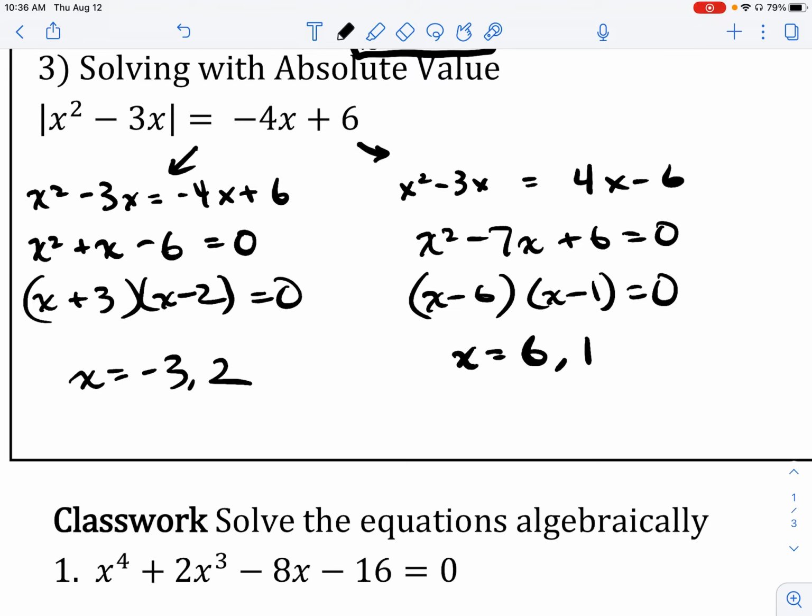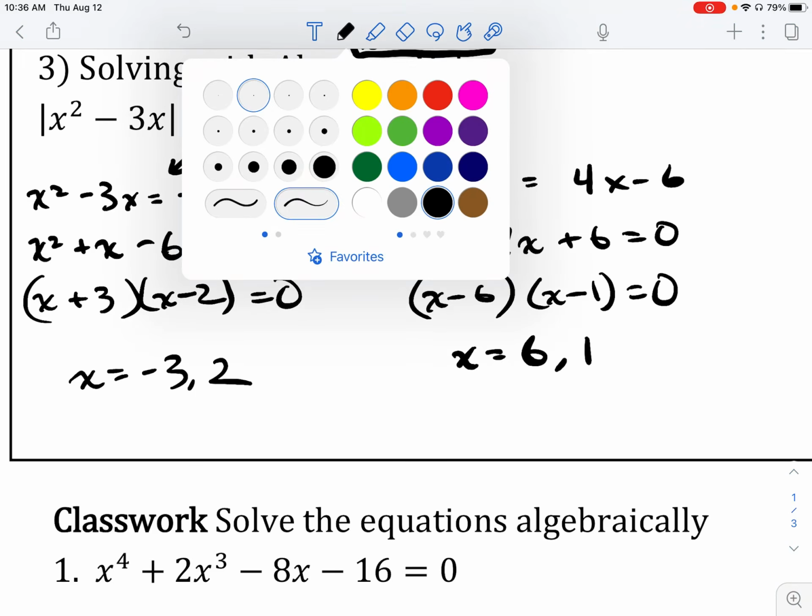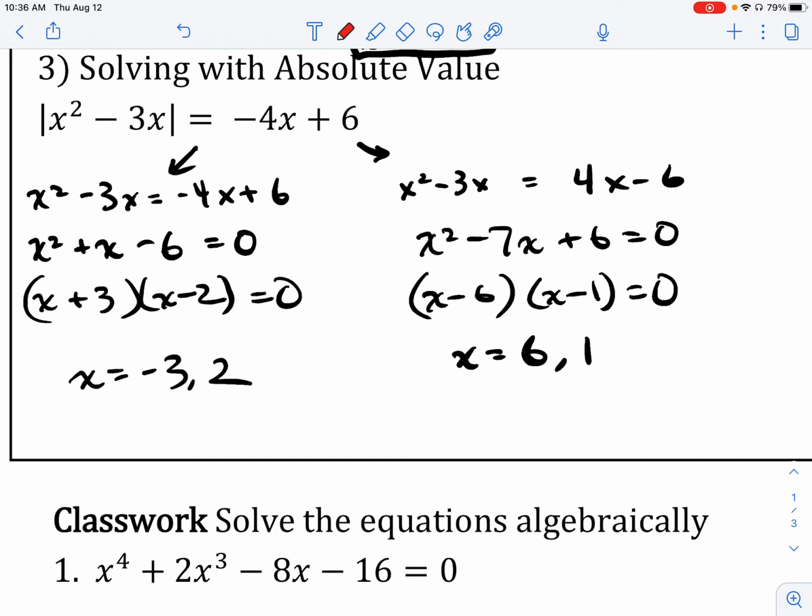But which values would not work? Well, let's start with something like positive 2. Let me just write this out. The positive 2, I see that on the left side, I get 2 squared minus 3 times 2, which is 6. On the right-hand side, negative 4 times 2 plus 6. And this right away should give you some pause, because negative 4 times 2, that's negative 8, plus 6, that's negative 2.